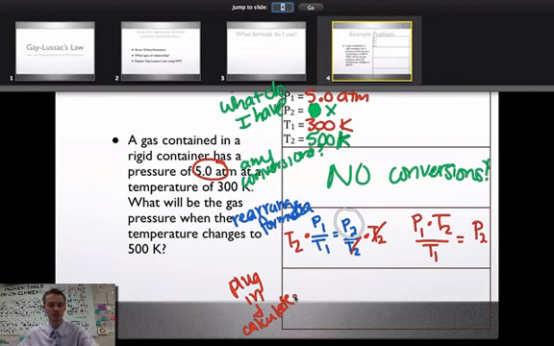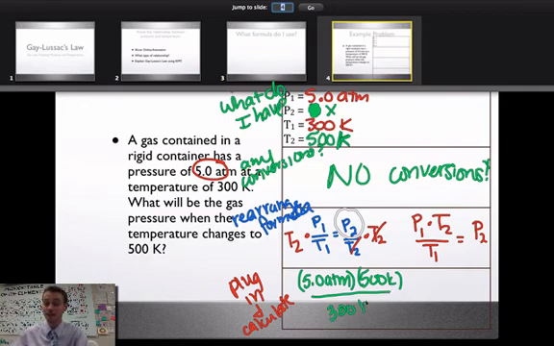Now I'm just going to plug in and calculate. My pressure 1 is 5 atmospheres. My temperature 2 is 500 Kelvin. My temperature 1 was 300 Kelvin. Sorry, I forgot you up there. Kelvin! Now you're back.